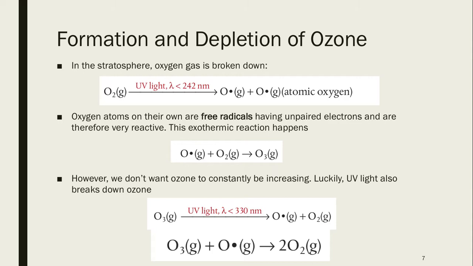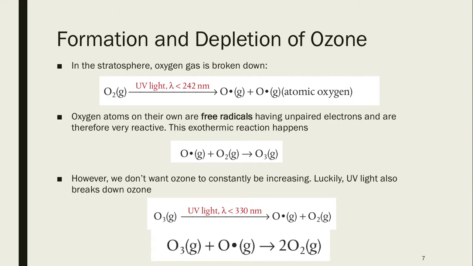Now, ozone is of great environmental concern because forming and more so the depletion of the ozone layer is of great concern for us. We want to make sure that our ozone layer is strong.